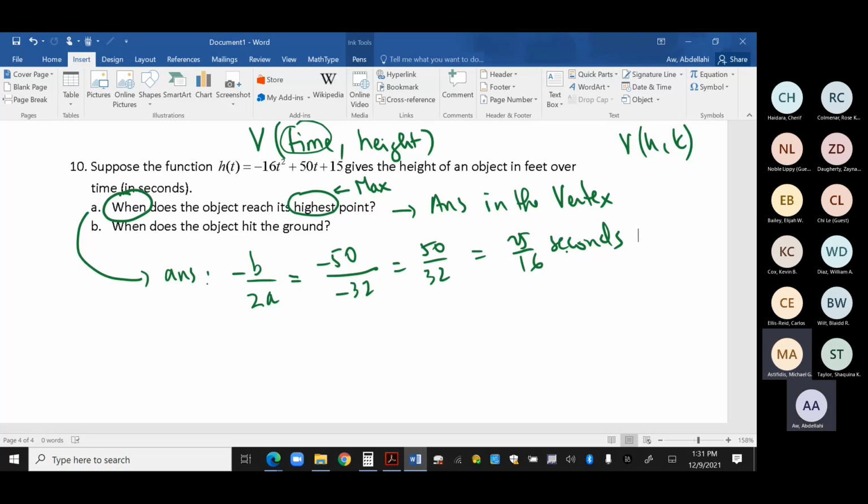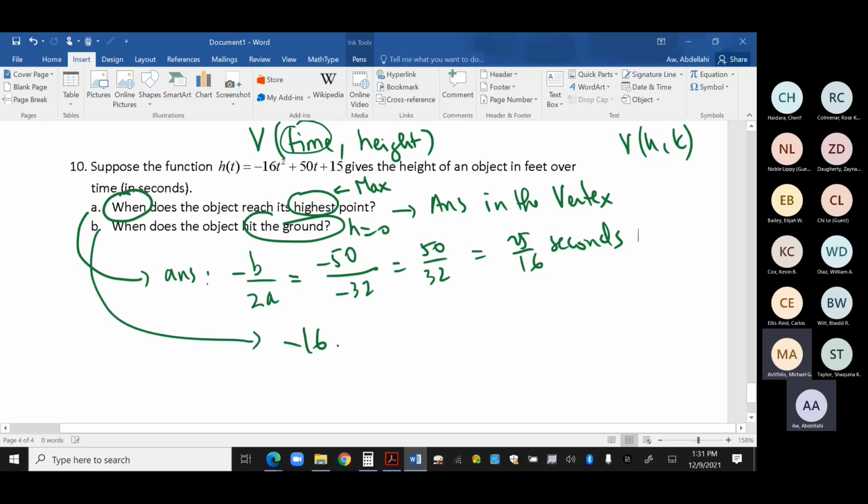Now, when you say, when does the object hit the ground? When the object will hit the ground? At the ground, how much is the height? 0, exactly. At the ground here, the height is 0. So we solve negative 16t squared plus 50t plus 15 equals 0.